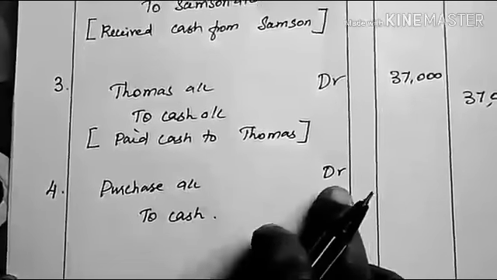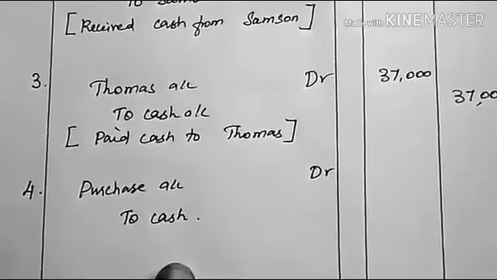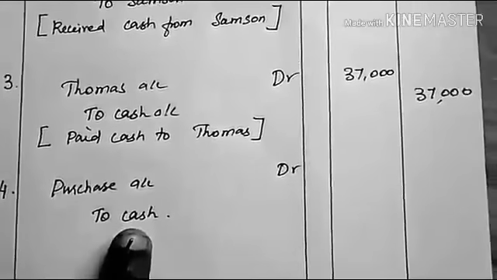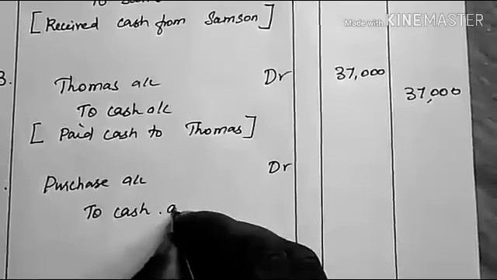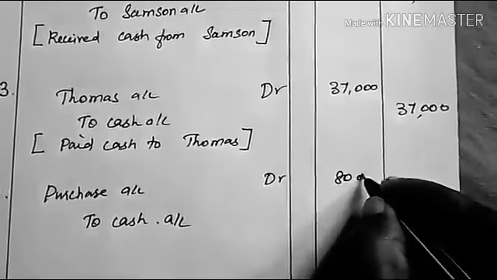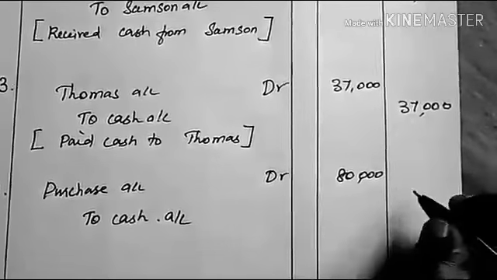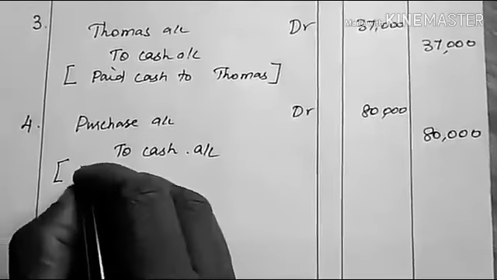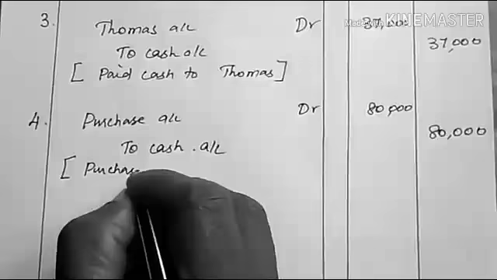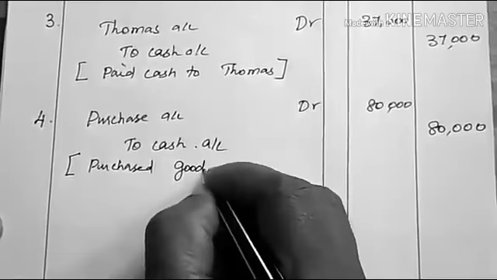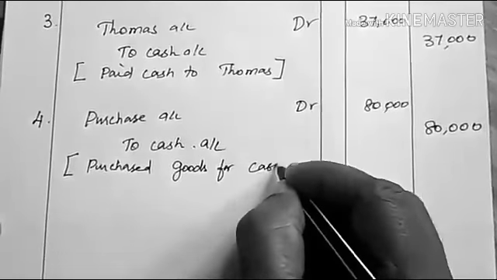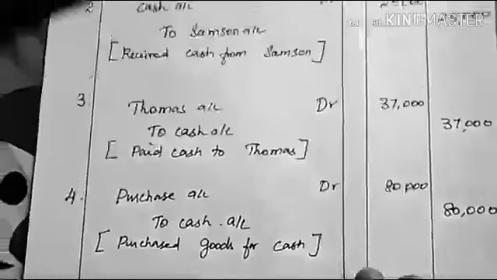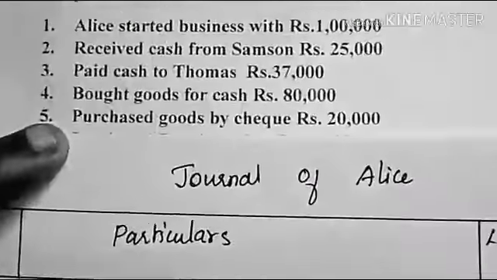So purchase account debit to cash account, both are real accounts. The real account rule is debit what comes in, goods comes in, credit what goes out, cash goes out. 80,000. Being purchased goods for cash.